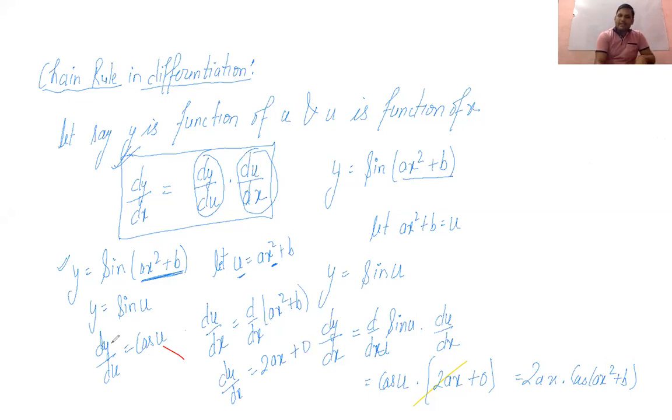And dy by du you got as cos u. Now you can just multiply using the chain rule, so you will find dy by dx. If you put the value of u here, it will be cos of ax square plus b into 2ax, and this is the differentiation of ax plus 0. Plus 0 is not always written, but it can be written like that.